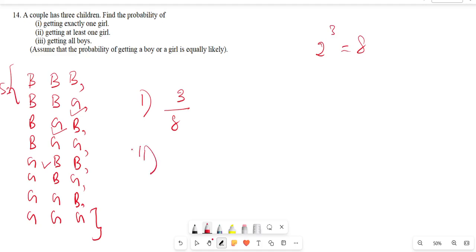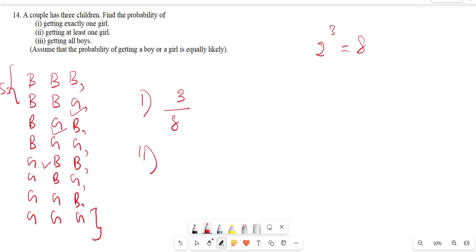The second one: getting at least one girl. For at least one girl, you can use the complement method. The complement method means you find the possibility of not having a girl at all, and subtract it from the total probability.